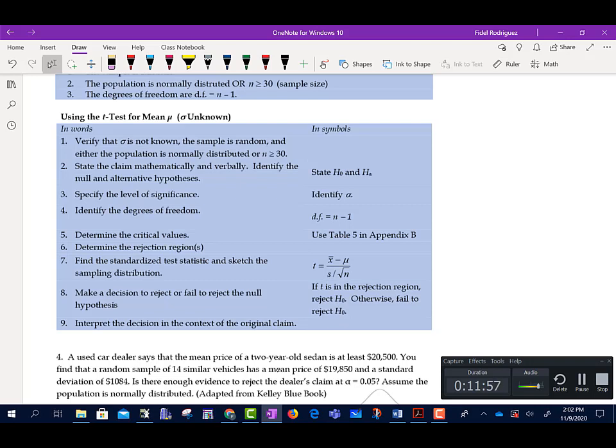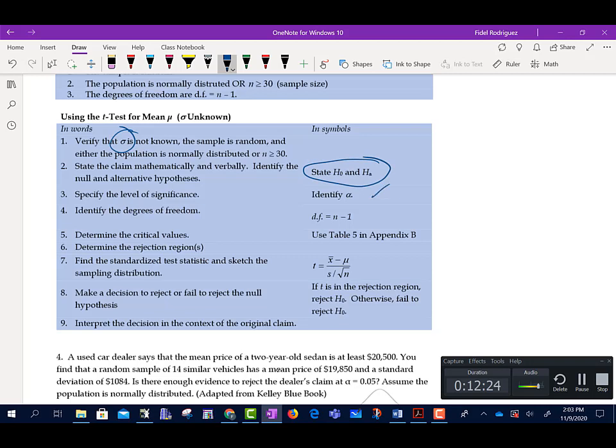So using the t-test for the mean mu, we're going to verify in words that the population standard deviation, because that's what sigma stands for, is not known, right? The sample is random and either the population is normally distributed or n is bigger than or equal to 30. We're going to state the claim mathematically and verbally, identify the null and alternate hypothesis. So that means we're going to find the H0 and the HA. We're going to specify our level of significance.